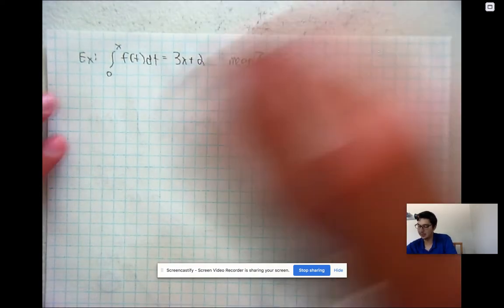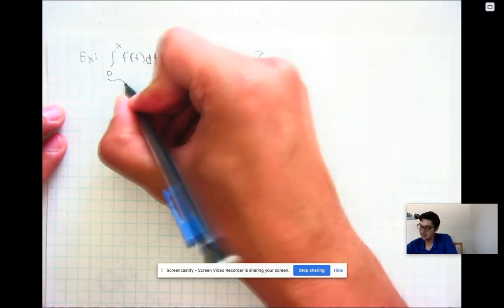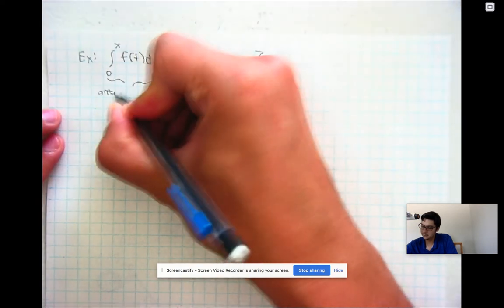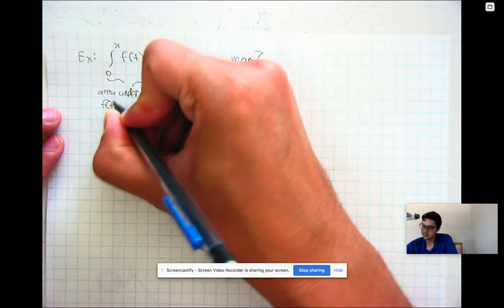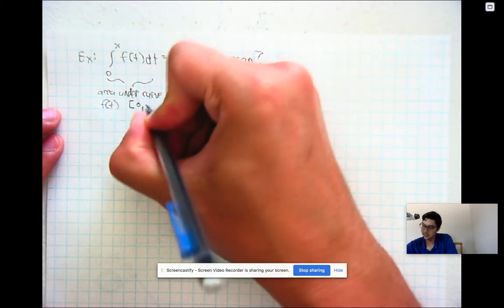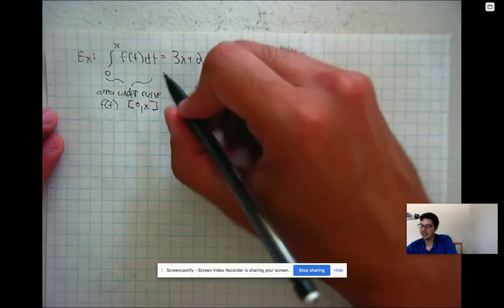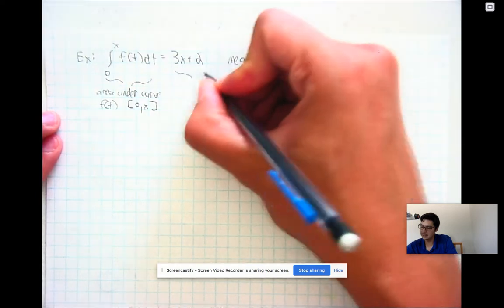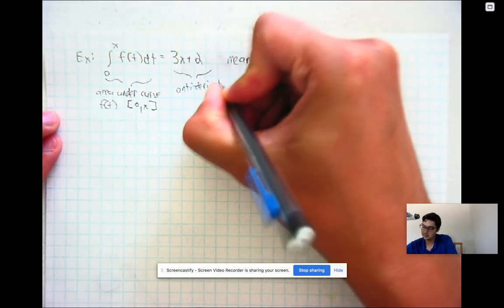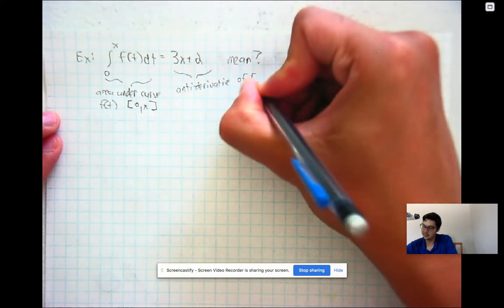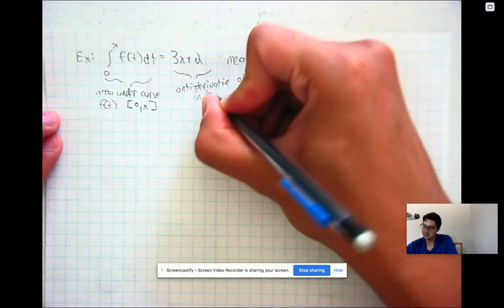So what this is saying is this is the area under the curve f of t on the interval 0 to x. And when they say it equals 3x plus 2, that is already the antiderivative of f of t in terms of x.